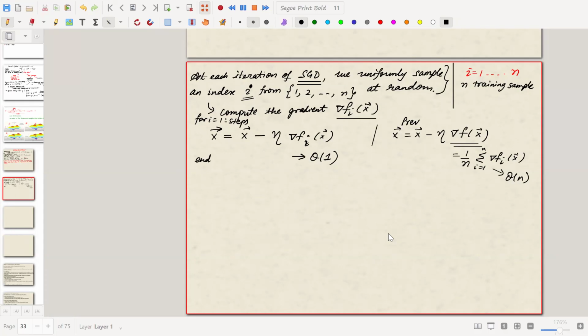Okay, so this is the stochastic gradient descent you are learning here. We will compare. Now you saw that it is order of one at each iteration, versus the order of n, which is the normal gradient descent.